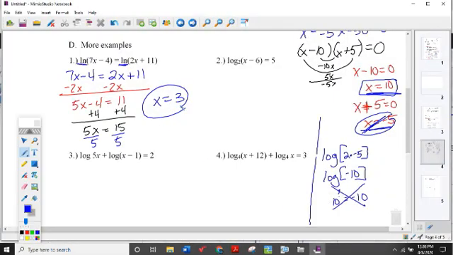That is absolutely acceptable. Looking at number 3 and 4, these are both the same type. So in both of these, you need to rewrite them. That plus sign tells you to rewrite. So this becomes log of 5x times x minus 1 equal to 2. Distribute.